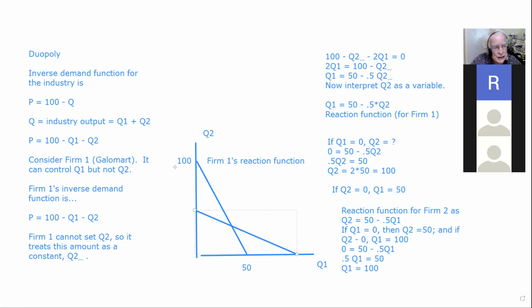The vertical intercept, where Q1 is equal to 0, is 50. And then Q1, given that Q2 is 0, equals 100.